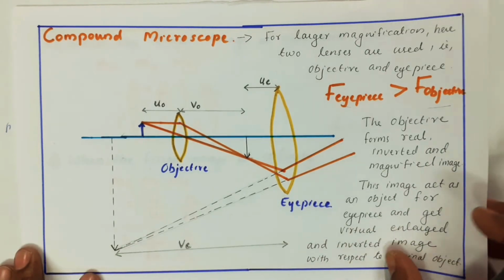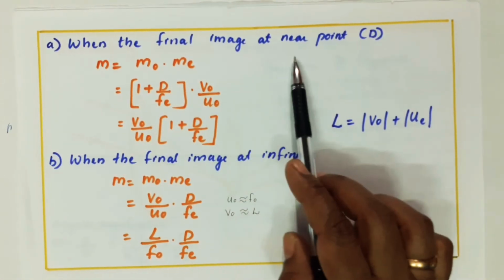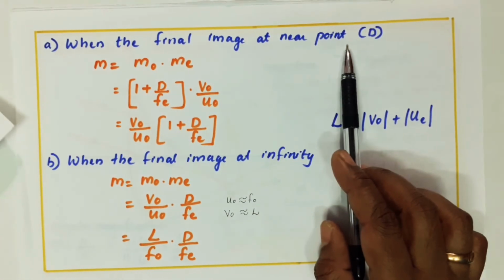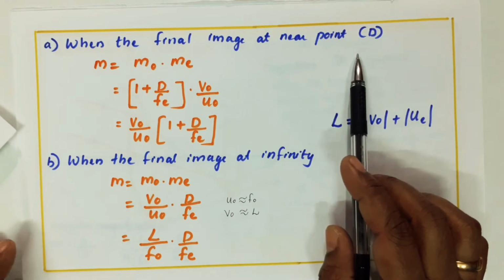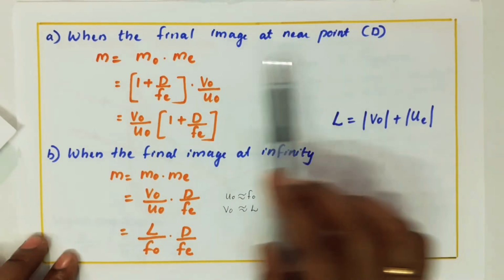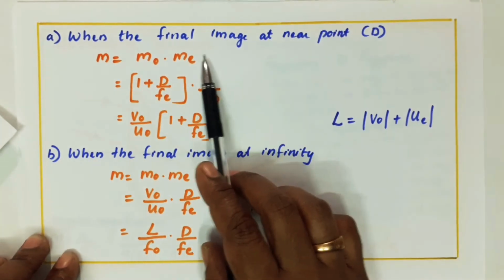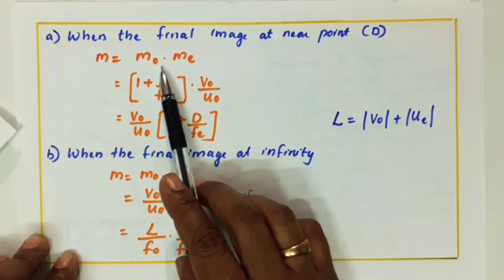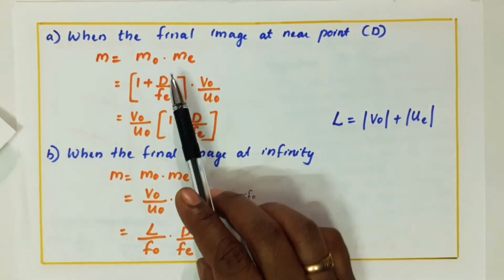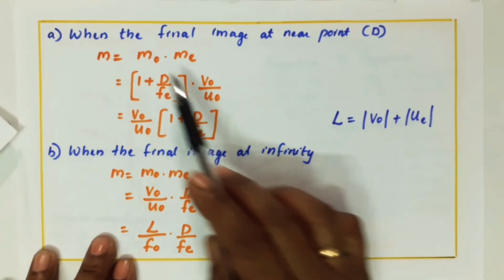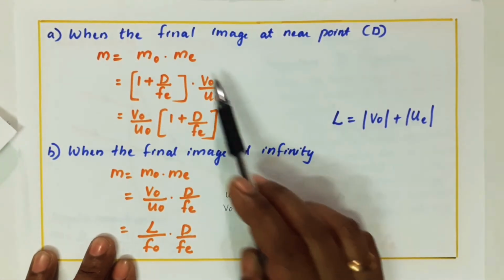Now we take the situation. Here also the similar two cases are there. Your final image is formed at the near point D. In another video I told that if you use more lenses, the magnification will increase. So the total magnification is MO into ME. MO, okay, I have written it reversed. MO is VO by UO.